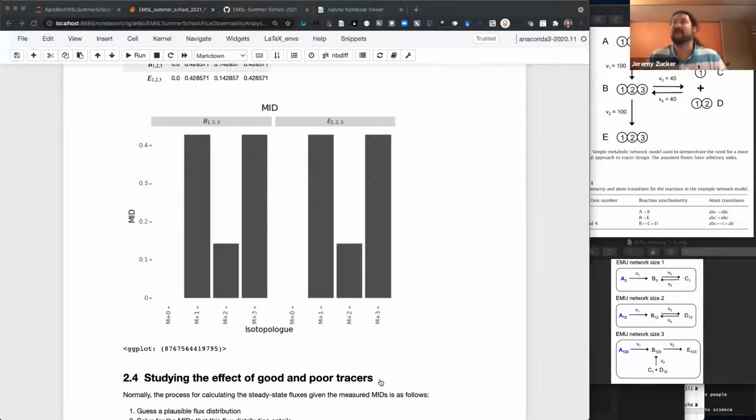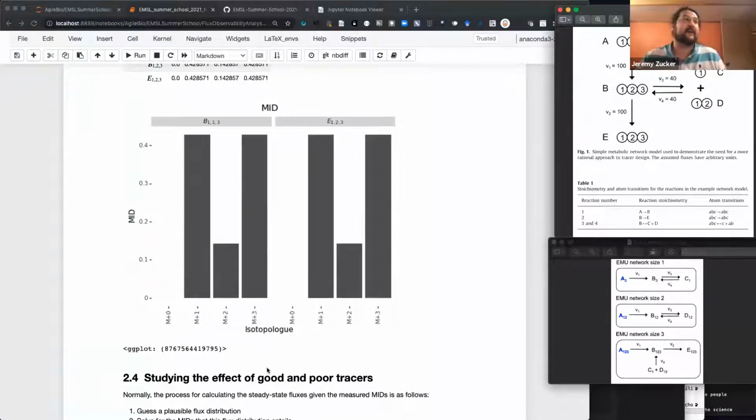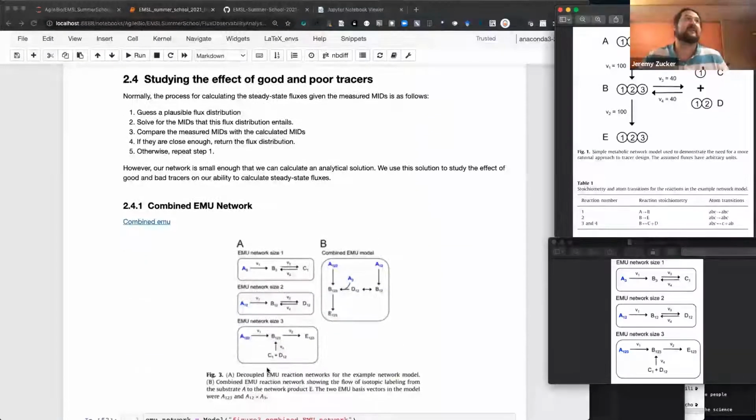Even if you had 25-75, then you could easily identify V4. But if you happen to have it 50-50, then you still end up with problems. I don't know if we'll get to explaining why these 50-50 combinations don't work. But what I can show you is why certain tracers don't work and why other tracers do work, and how to choose between them. That's going to be the next section, studying the effect of good and poor tracers.